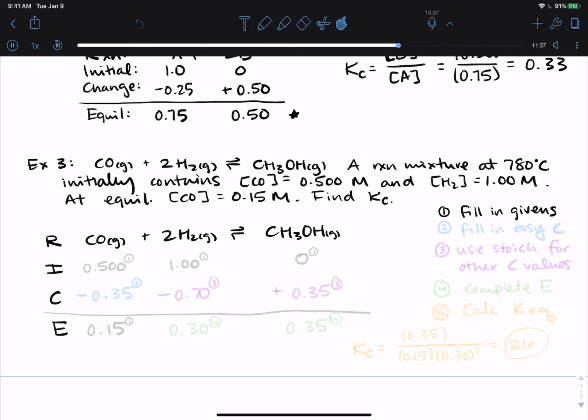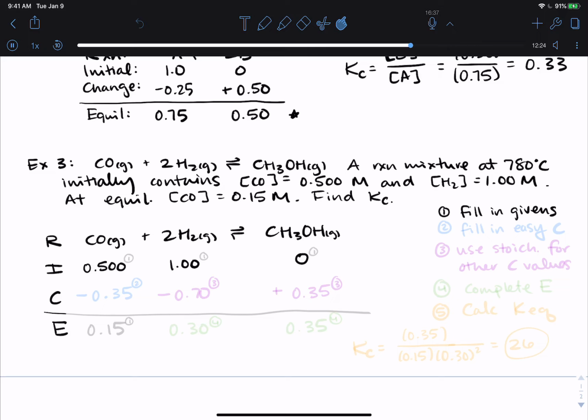Initially, I am told CO is 0.5 molar. H2 is 1. I don't get any initial information about the CH3OH, so I can assume that it's 0. If you're given a set of initial conditions and something isn't mentioned, that means that you don't have any of it to start with.